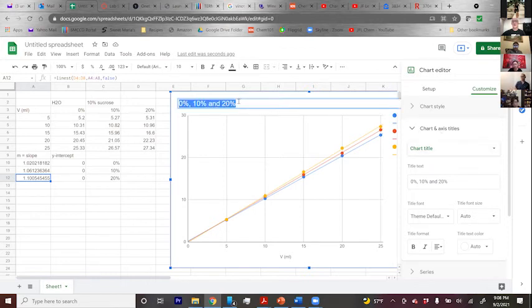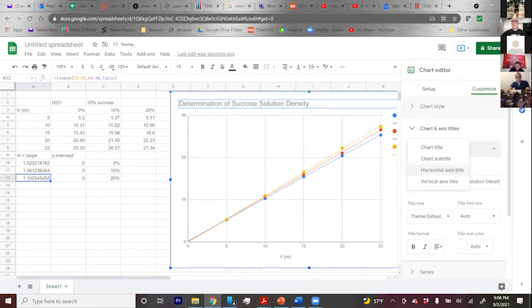So you want to give this a title that means something, like determination of sucrose solution density or something like that. So that's the title.